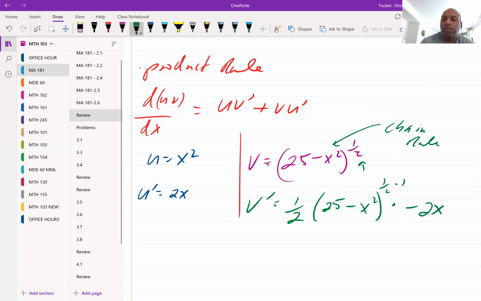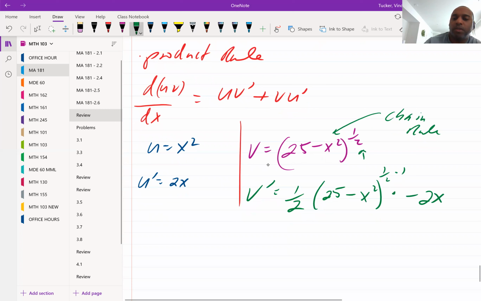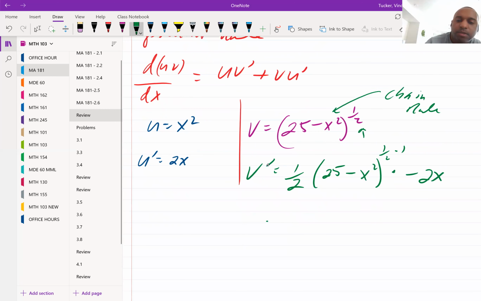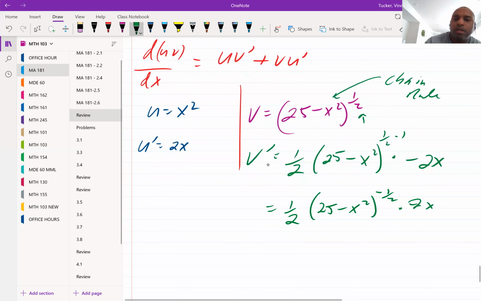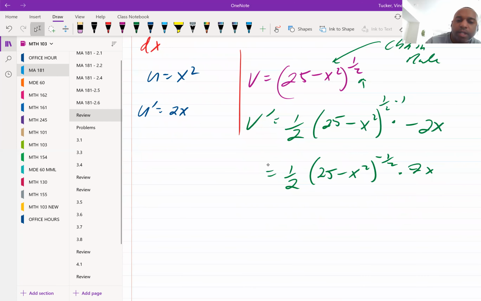All right, and so we can simplify this expression. I'm just going to write down all the steps. So it's negative 1/2. Now that negative 1/2 for an exponent takes it down to your denominator in order to make it positive.